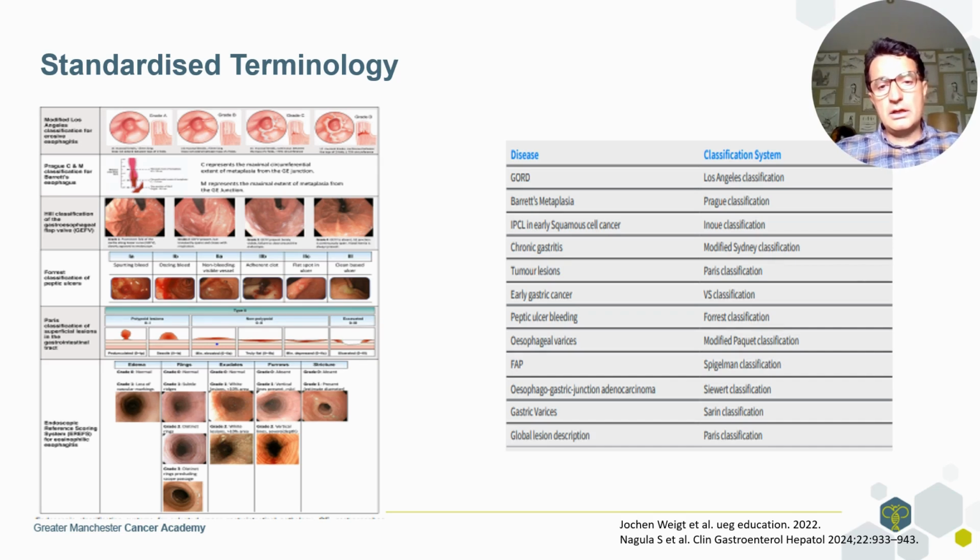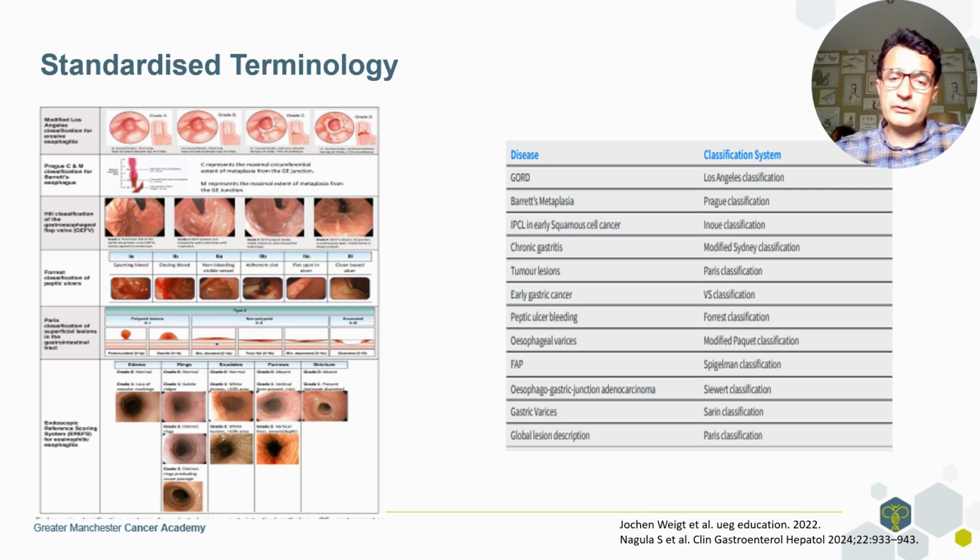The common classifications we should all be aware of are LA classification for GORD, Prague classification for Barrett's, updated Sydney classification for chronic gastritis, Paris classification for global lesion description or tumors, Forrest classification for peptic ulcer bleeding, Sarin classification for gastric varices, Siewert classification for GOJ cancers, or modified Paquet classification for esophageal varices.